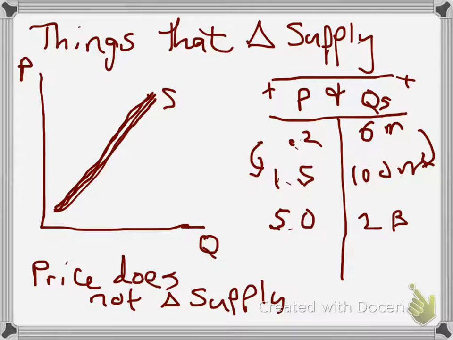So price is a part of the supply function. Once you have a value of price, that gives you the value of quantity. Since price is a part of the function, it can't change the function.